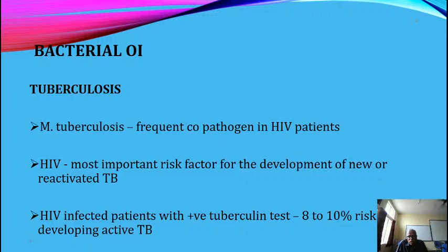So once TB treatment is given and the patient is stabilized, then you can start ART. Otherwise, if you start ART earlier than anti-TB treatment, they will go into IRIS. What is IRIS? Immune reconstitution inflammatory syndrome. IRIS is such a very worst thing, sometimes we lose the patient. So that is the importance of treating opportunistic infection first, then followed by the HIV infection.